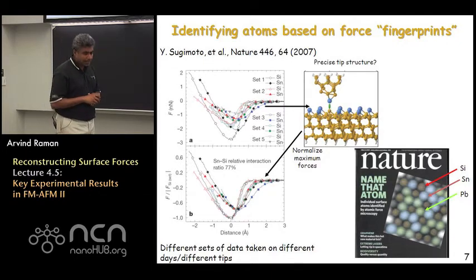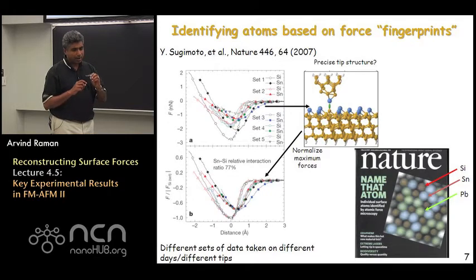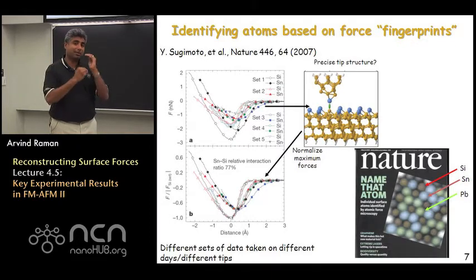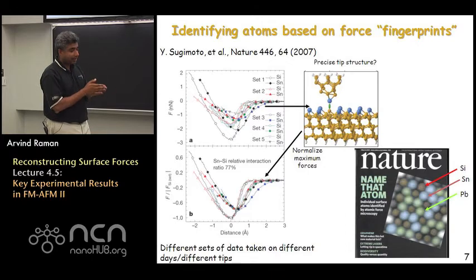So the key thought process in this paper was that we see all these data points as you collect different sets of data, and the reason they attributed to the fact that within a set you got a consistent relative difference between the attractive force on silicon and on tin, but that when you went from set to set there were differences, was the fact that when you went from set to set of data, the geometry of the tip had changed.